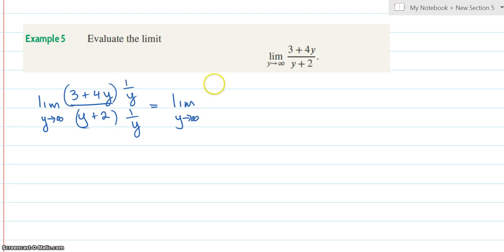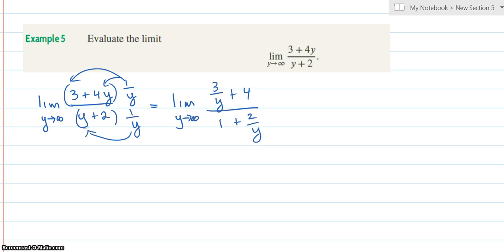The numerator would be 3 over y plus, the y's would cancel when I distribute, I'm just going to distribute this, plus 4. And then the denominator would be distributing this, 1 plus 2 over y. So here, when I take the limit as y goes to infinity, you cannot calculate anything by hand. Yes, you could graph it on a calculator, and yes, you could make a table. You can always do that.